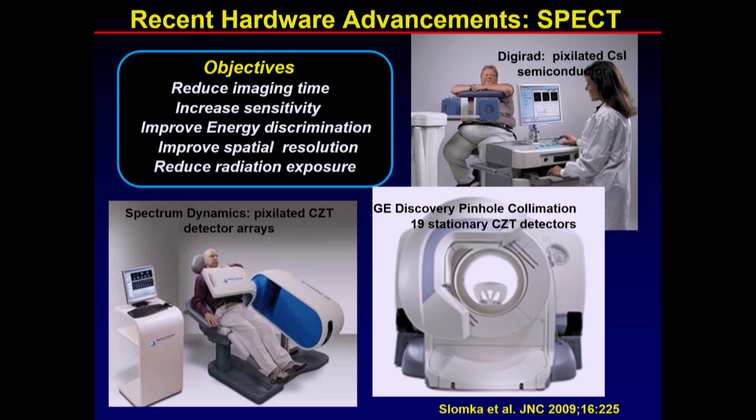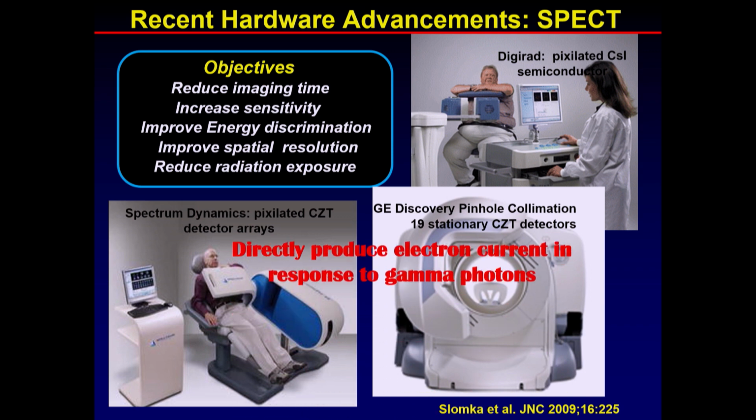The reason these detectors are better is because they reduce imaging time, they reduce the need for radiotracer in terms of the radiation exposure, they improve spatial resolution, and they improve energy resolution. And remember, energy resolution is being able to look at that one little area of energy in terms of whether that's a real photon we want to keep or not.